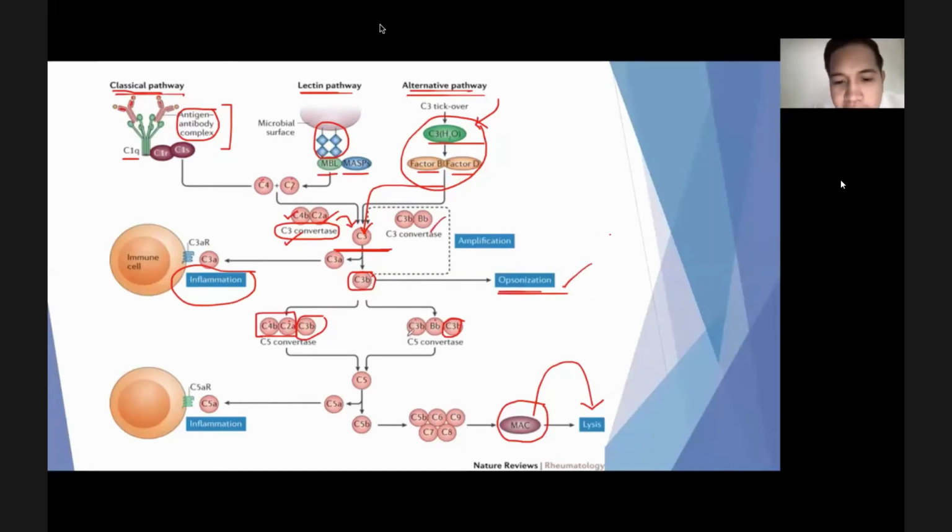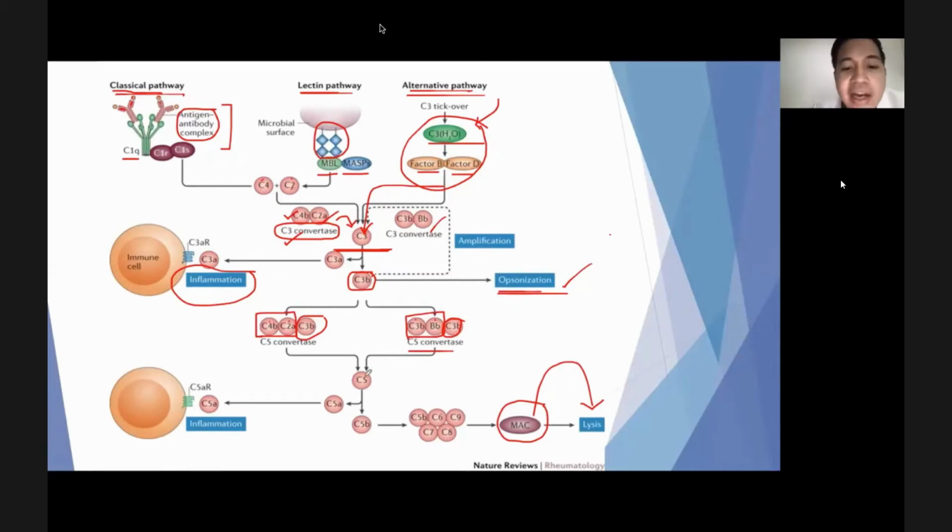So C3B now can combine with C3 convertases for it to become a C5 convertase. Ulit, C3B will combine with C3 convertase so that it will become a C5 convertase. Is that clear? So what does the C5 convertase do?